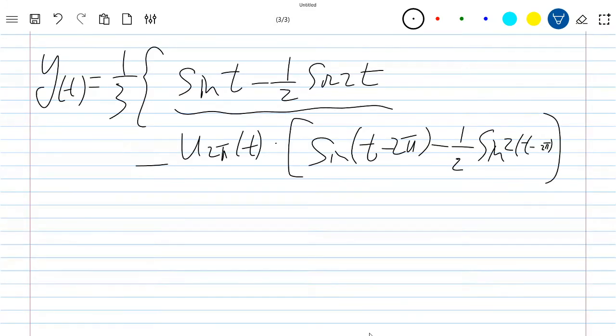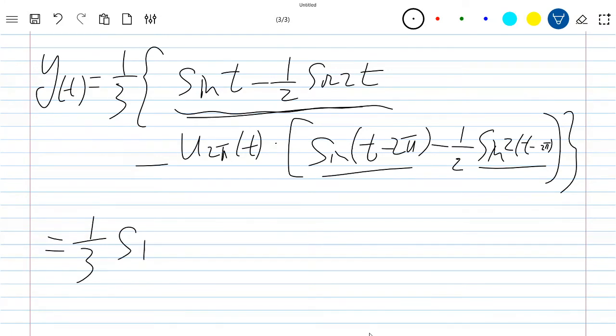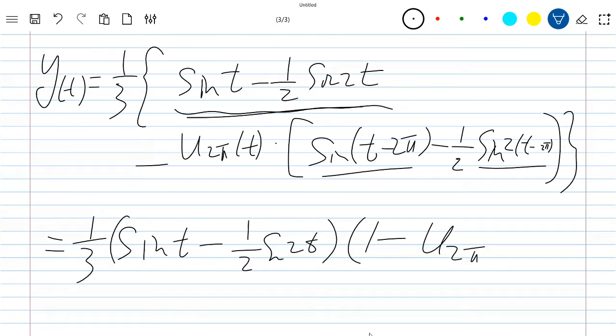Right, that's it, but you can simplify it because sine of t minus 2 pi is same as sine of t, and sine of 2t minus 2 pi is same as sine of 2t. So this is identical to what we had earlier. So it's just sine of t minus 1/2 sine of 2t times u of 0 minus u of 2 pi of t. So if you can simplify that, even better.